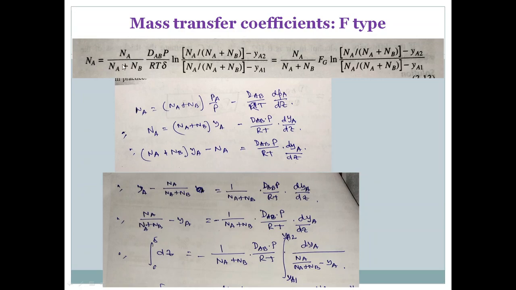So this expression comes from my governing equation of mass transfer without any special case. I have not considered whether it is equimolar counter diffusion or diffusion of A through non-diffusing B. That's why this equation is valid for both.